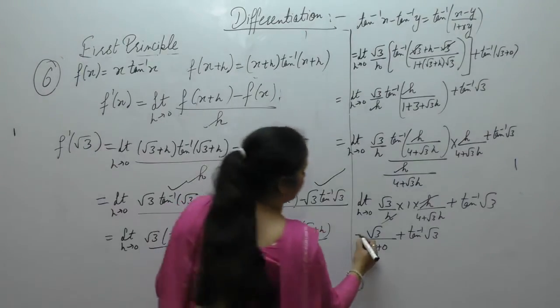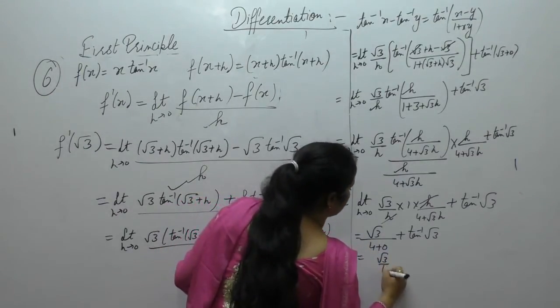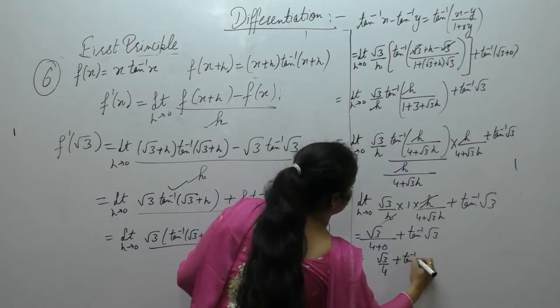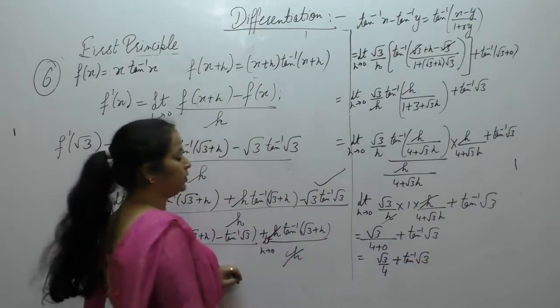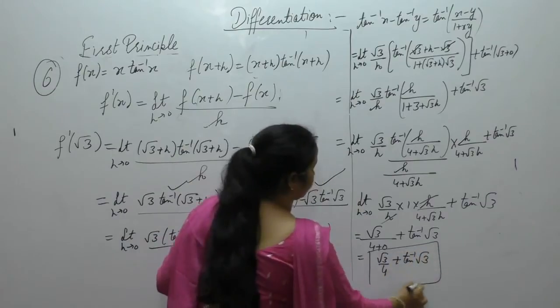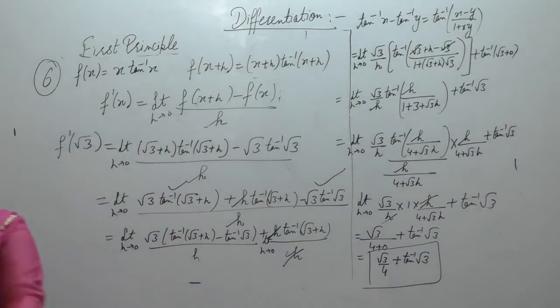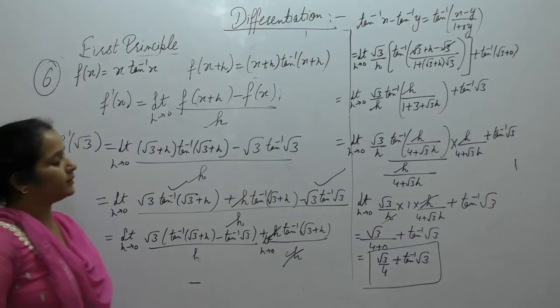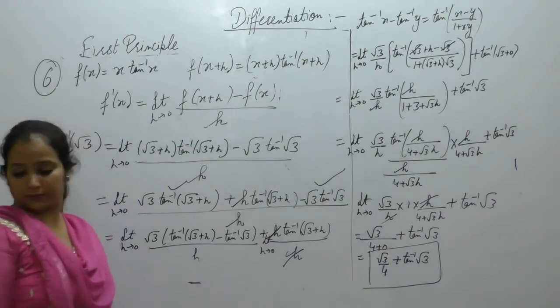So what we get? Root 3 by 4 plus tan inverse root 3. Note it down.